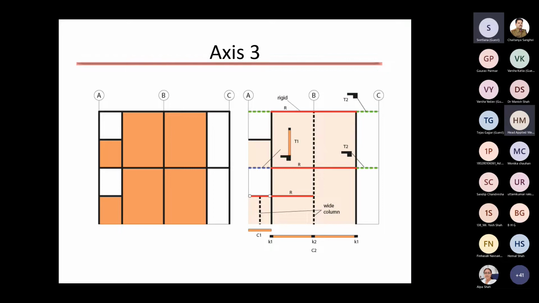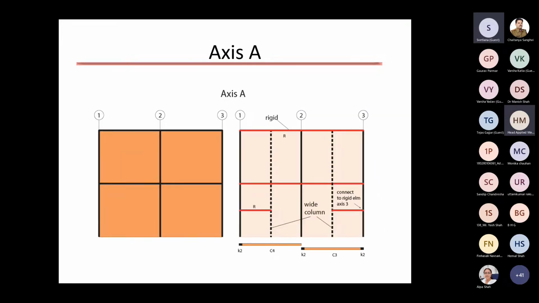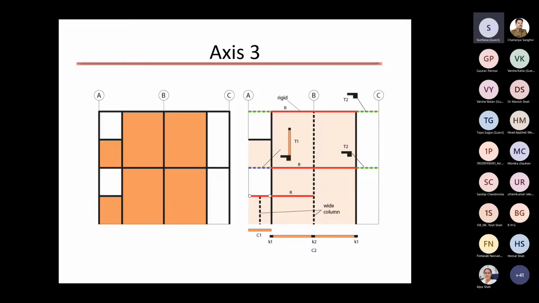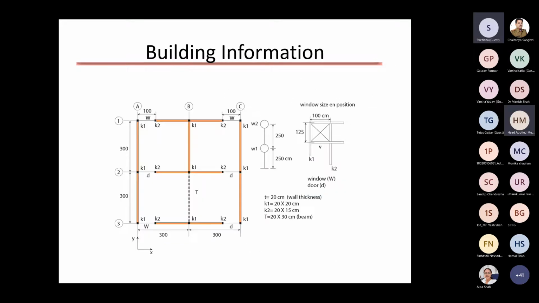And that is considered to be good because they are creating this 3D. It is a 3D situation, isn't it? So maybe this wouldn't be needed if you were doing a 2D model. But because there is a 3D model and axis A and axis 3 meet just here, I don't know if you can see my mouse, axis A and axis 3 meet at this point at the bottom left corner.